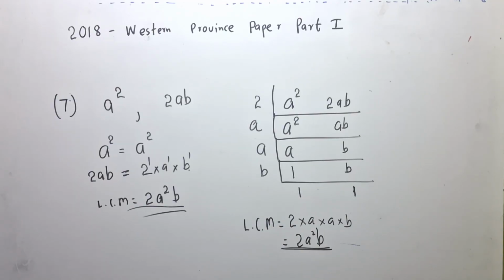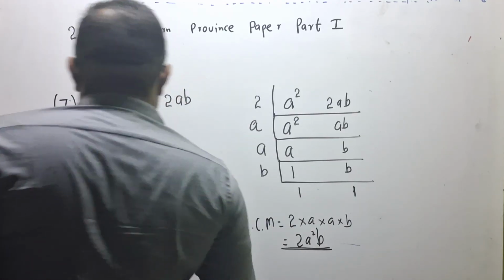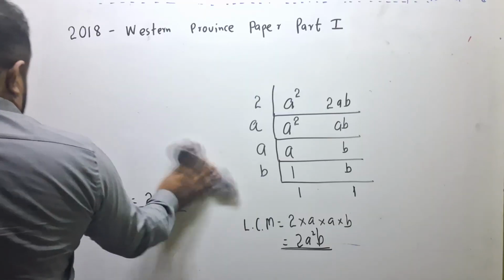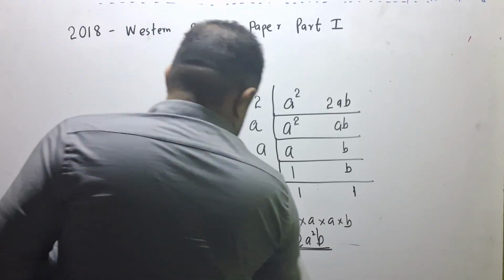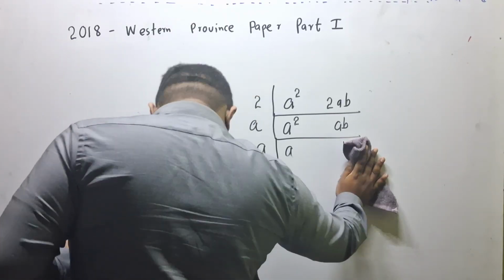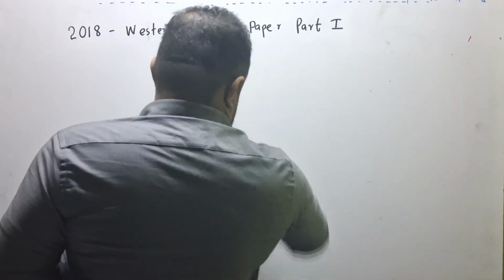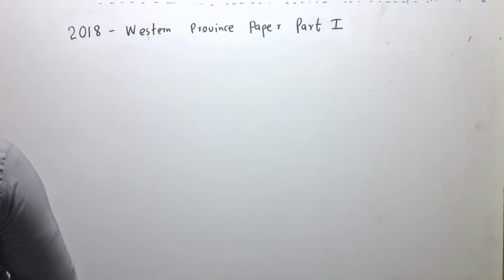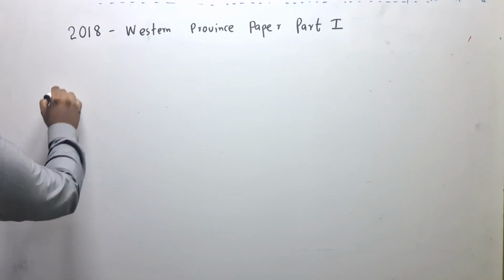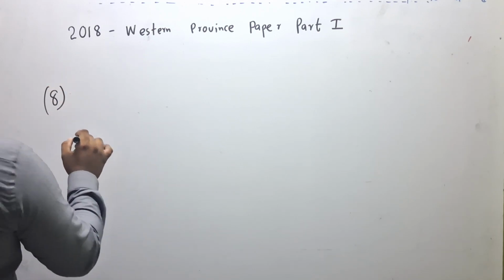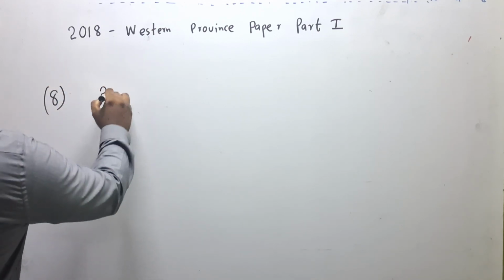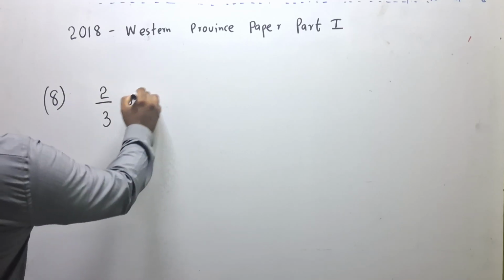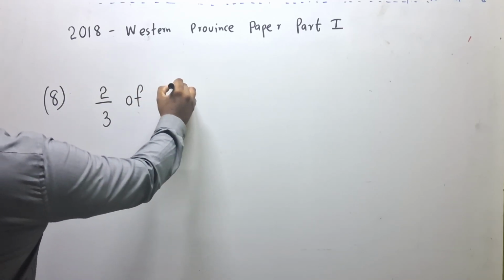Question number 8. How much is 2/3 of 975?